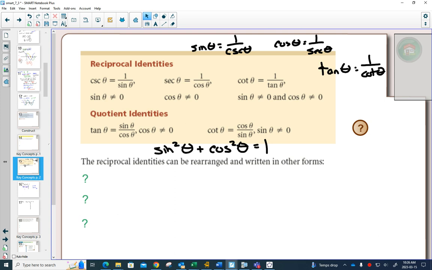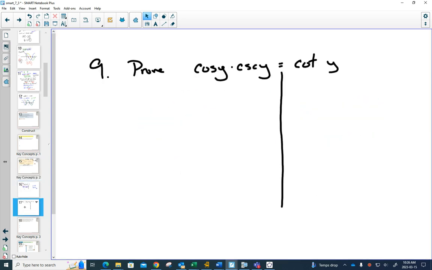If you have cotangent, it can be changed to cos over sine. Tangent can be changed to sine over cos. So as far as a strategy goes, if you have an option, you might want to change everything to sine and cos and see what happens.